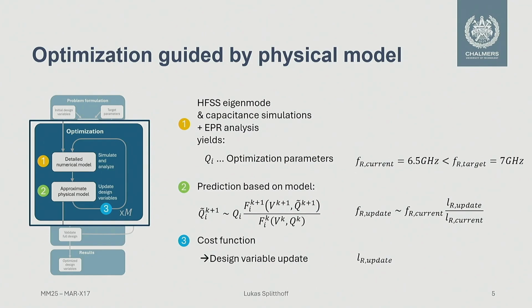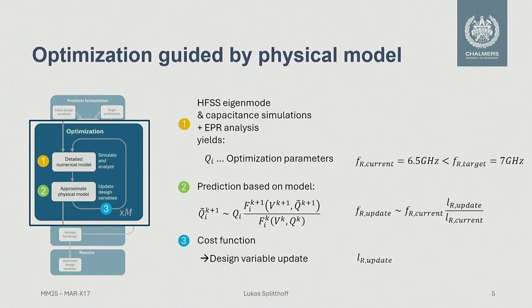We do this comparison here in this example, and I stick with the resonator frequency. So, for example, the simulation outputted a resonance frequency of 6.5 gigahertz, and we compare to the target and see 7 gigahertz. There's a mismatch. We continue the optimization.